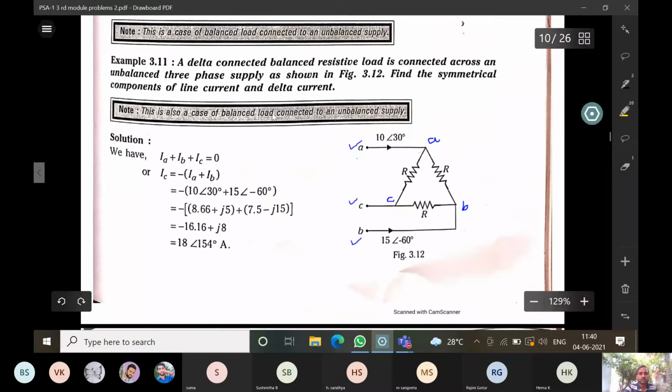IC is not given, you need to calculate the IC value.